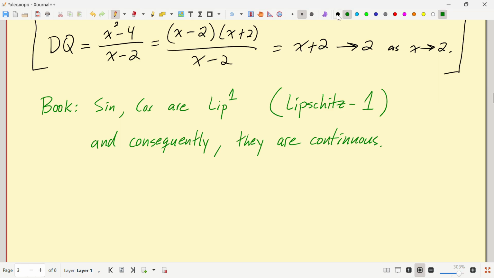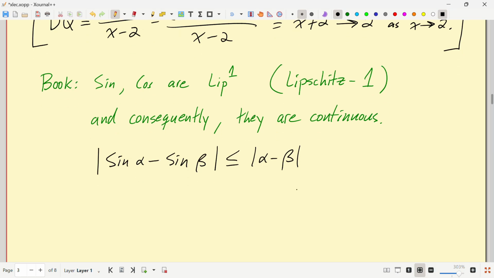Okay, so what does Lipschitz 1 mean? In the case of sine, sine alpha minus sine beta is less than or equal to alpha minus beta in absolute value. And a homework problem is that if something's Lipschitz 1, then it's continuous.